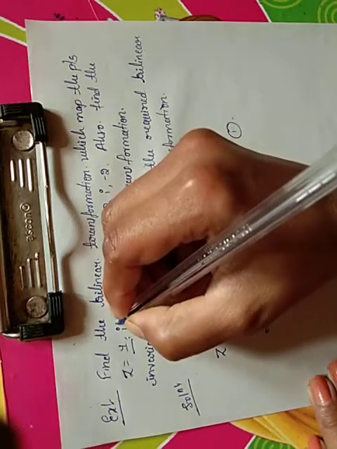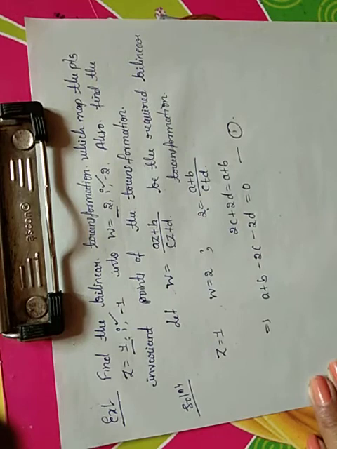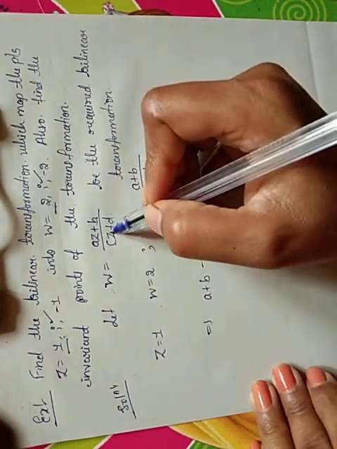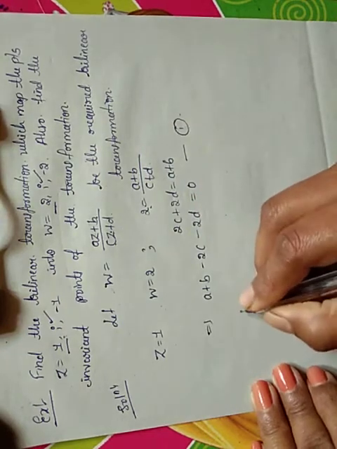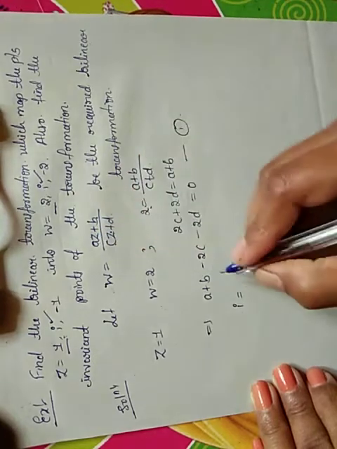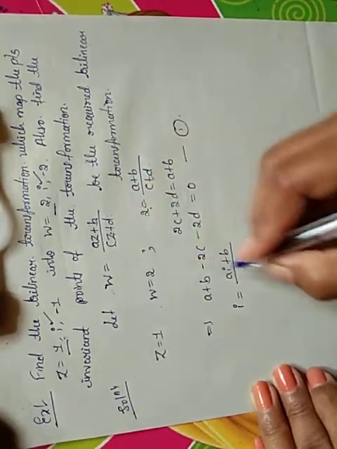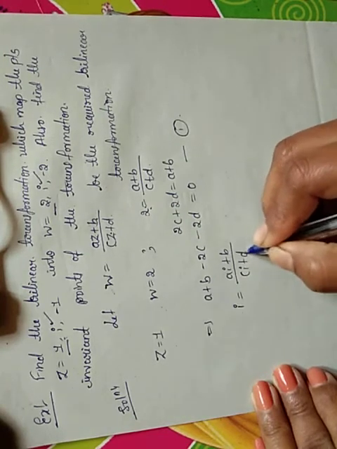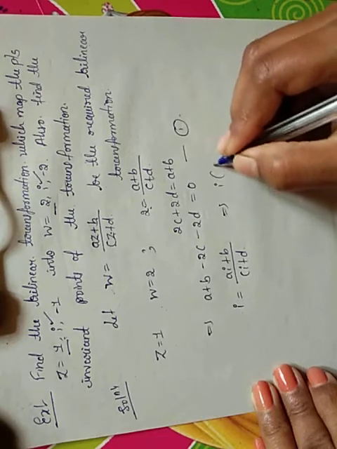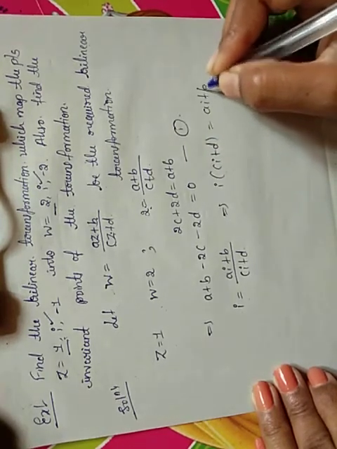Next we put z equal to i, w equal to i in the assumed form of the equation. w equal to i, z equal to i: i into ci plus d equals ai plus b.